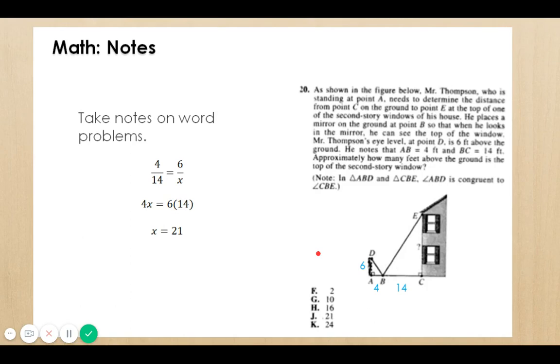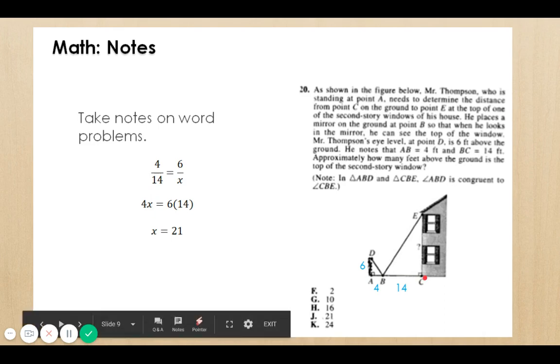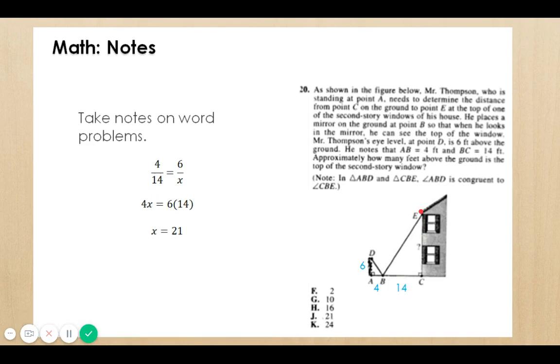For word problems, a word problem can be so intimidating, but if you take some notes, you're going to end up pulling out all the math information you need. So as shown in the figure below, Mr. Thompson, who is standing at point A, needs to determine the distance from point C on the ground to point E at the top of one of the second-story windows of his house.